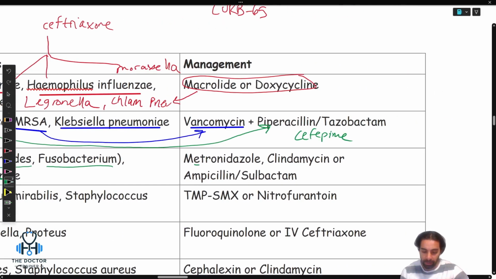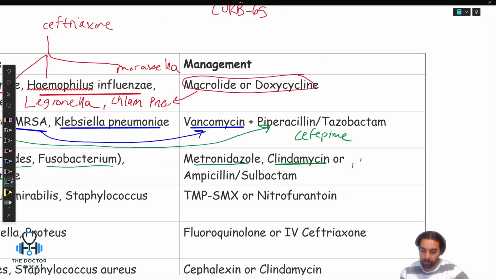Metronidazole or Flagyl, clindamycin, even Piptazo has anaerobic coverage. This is Unasyn. These all have anaerobic coverage, so they can be fair game.